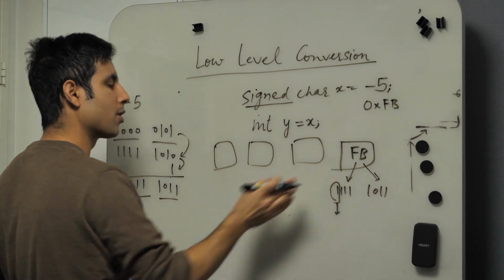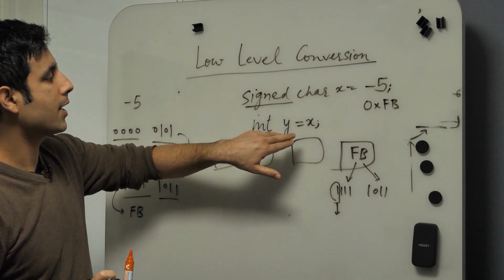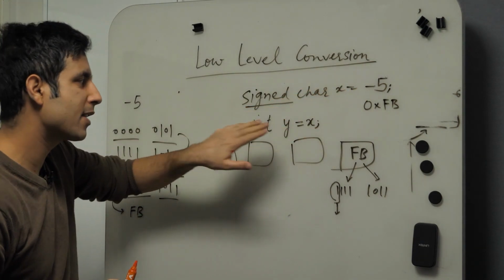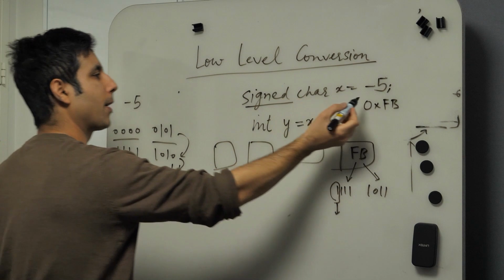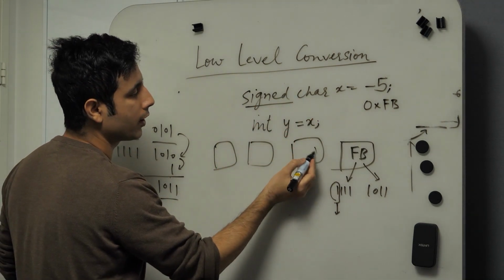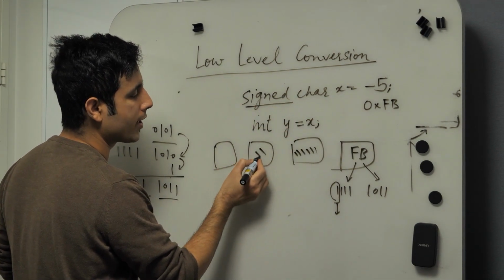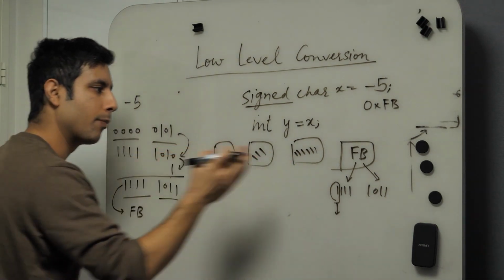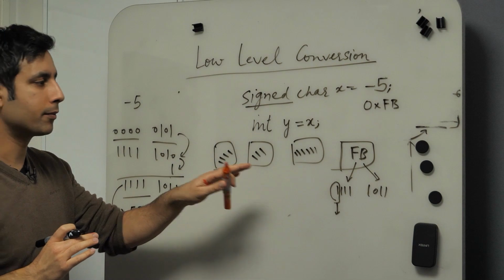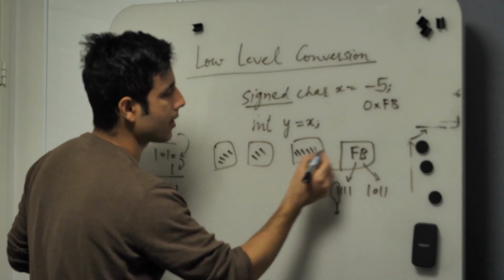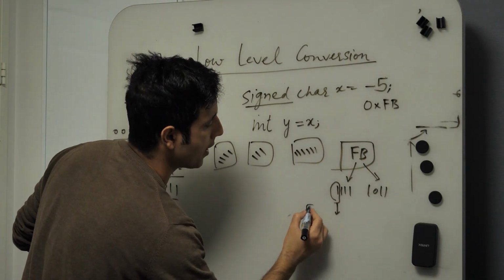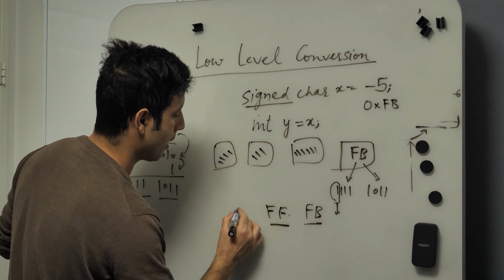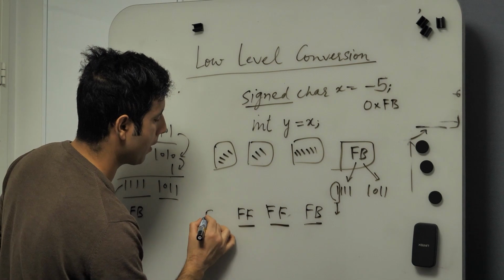With these conversions, the C standard tries to keep them lossless, that is, the -5 remains -5. To keep -5, you keep appending ones to it. We just saw that if we add ones to the bit pattern, the value remains the same, right? So this FB becomes FB first byte, FF second byte, FF third byte, FF fourth byte.